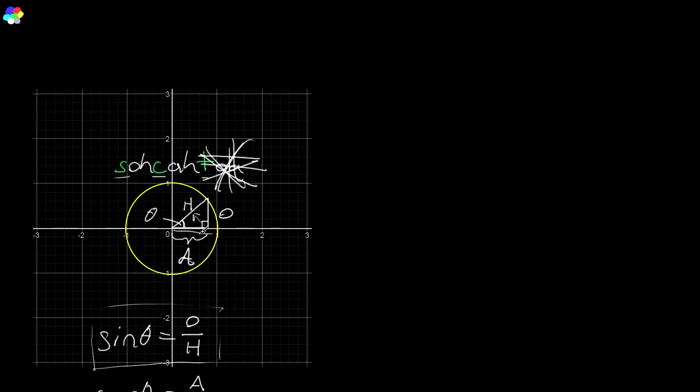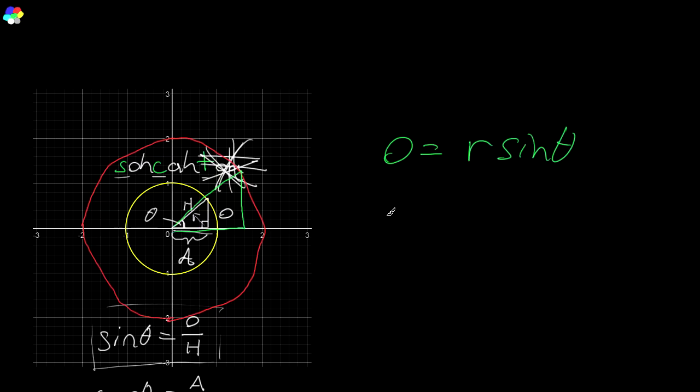And of course, the divide by hypotenuse, well, let's take it in the other direction. Let's say we've got a non-unit circle now. It's got a radius of 2. So we know that on this non-unit circle, the y, which is the opposite, is going to be equal to the radius times sine theta. And we know that the adjacent is going to be equal to the radius times cos theta.